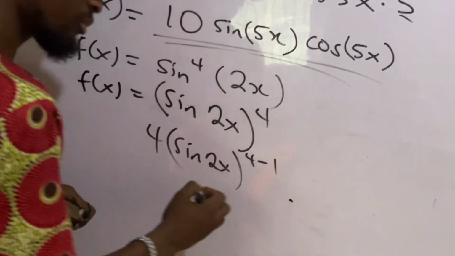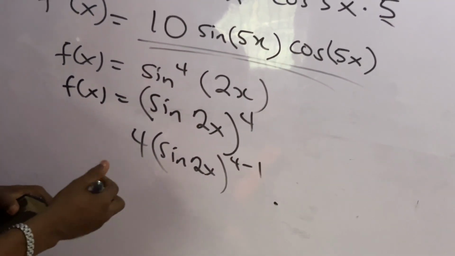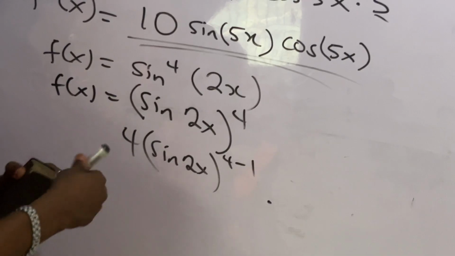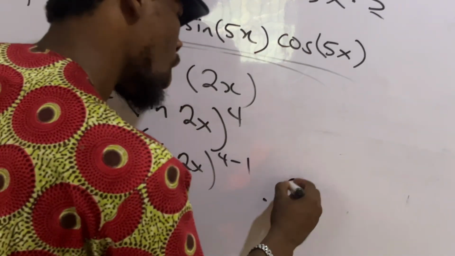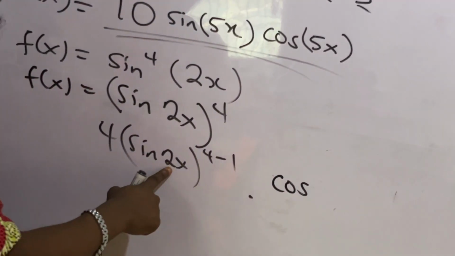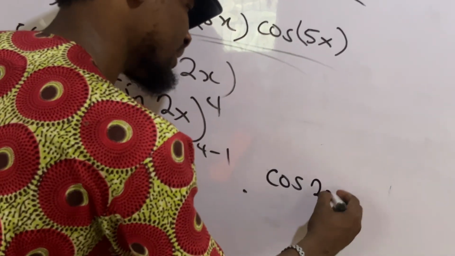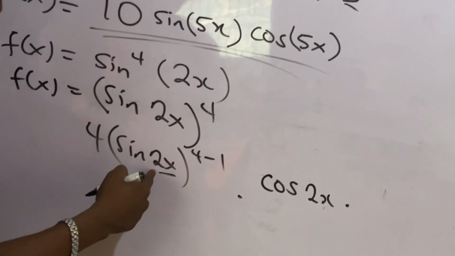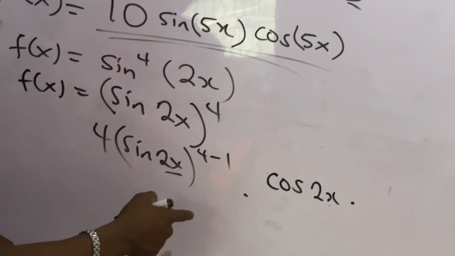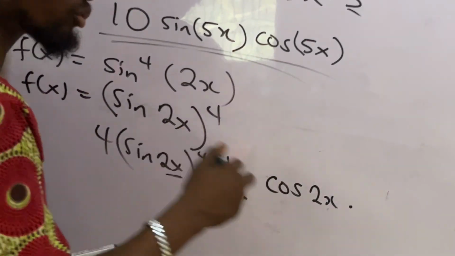Then times, you differentiate the inner expression. So sine goes to cos. So I have cos 2x. Then times, afterwards you differentiate 2x. If you differentiate 2x with respect to x, you have 2.